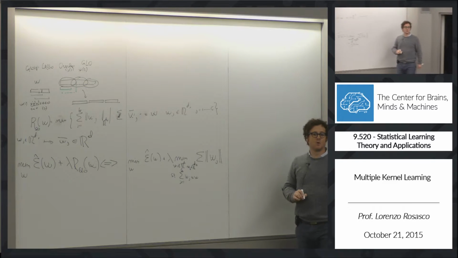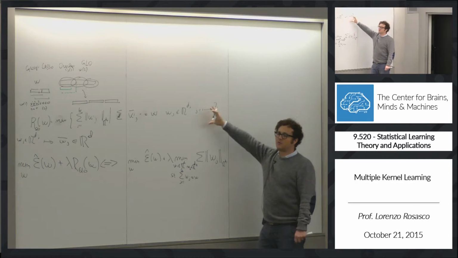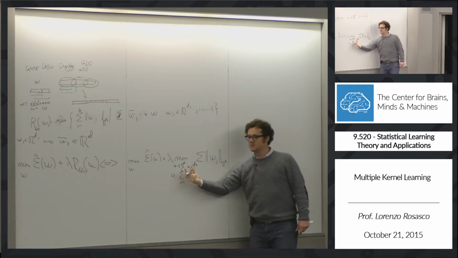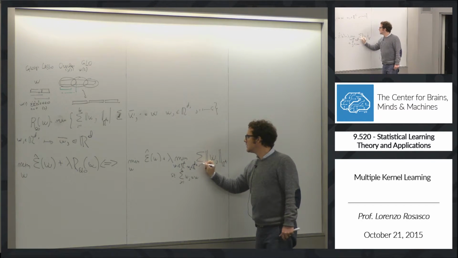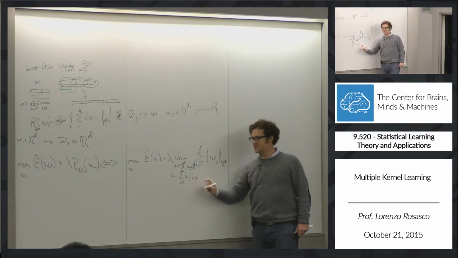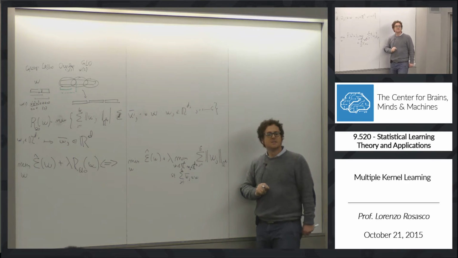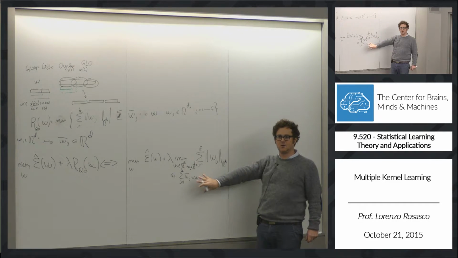So now I just rewrote it. Instead of writing it in this form, I wrote it like this. So it's the minimum of the sum of norms over W1, ..., WG, such that their sum gives you W. Okay?